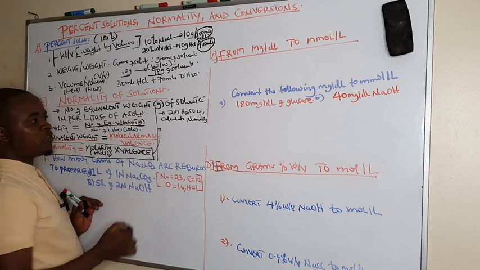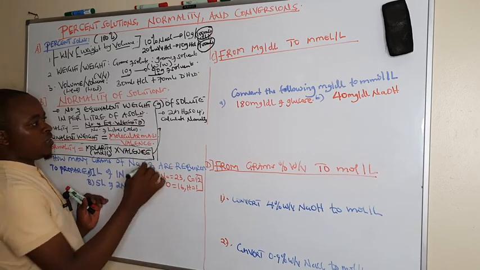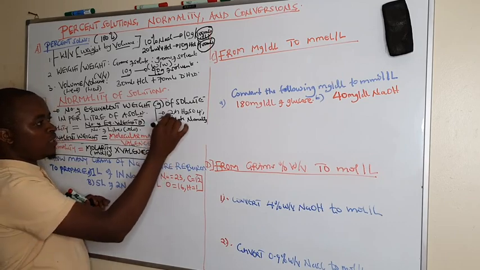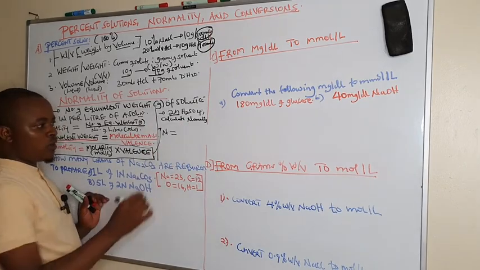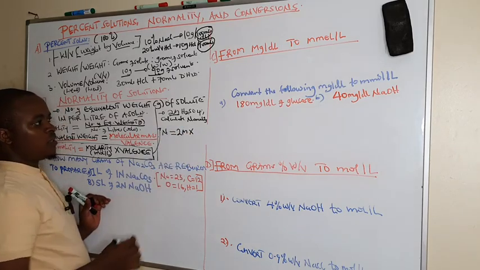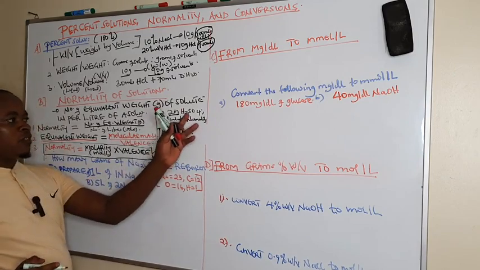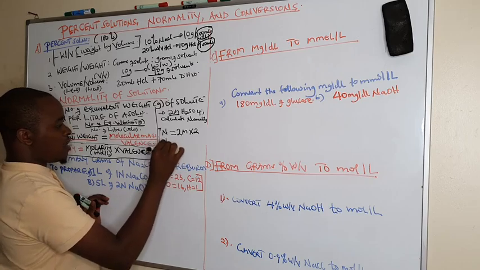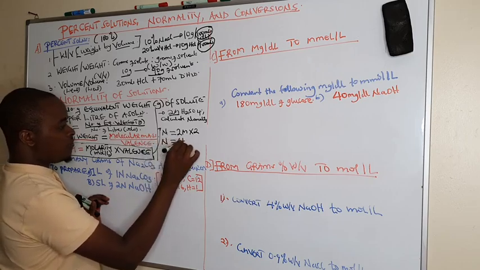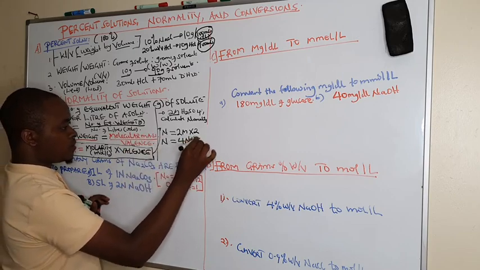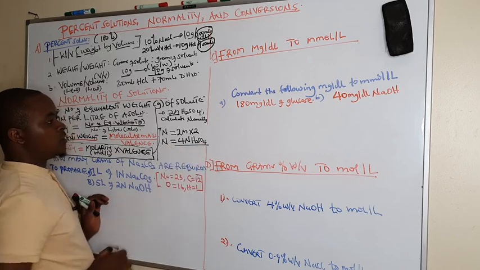So to get the normality of this acid, we shall say normality is equal to molarity, which is 2 molar, times the valence. And the combining power of sulfuric acid is 2. And then our normality of sulfuric acid will be 4 norm sulfuric acid.